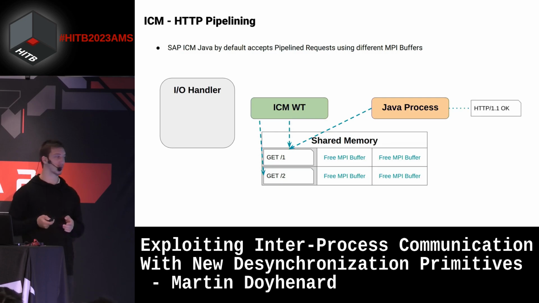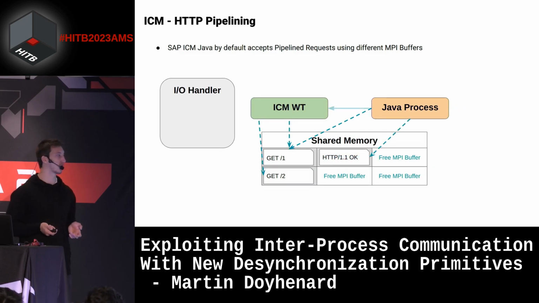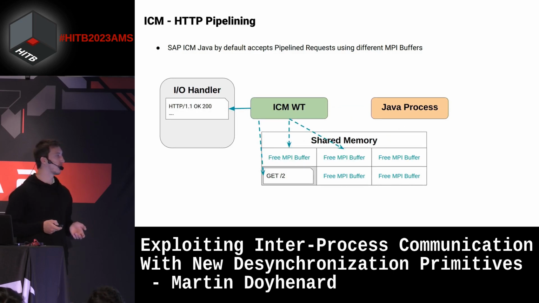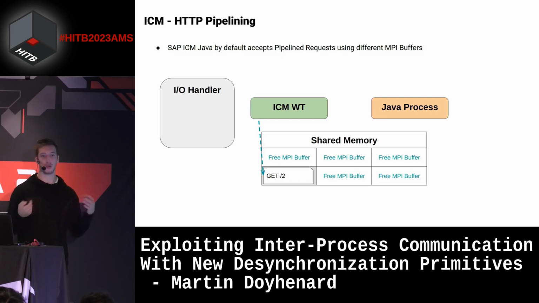The Java process will generate a response, place it in the MPI buffer, as always, and send it back to the worker thread, which forwards it to the client. Now it will free the MPI buffers, but then continue with the second request. It will send it to the Java process, work it as a new isolated request, and everything will work as expected.